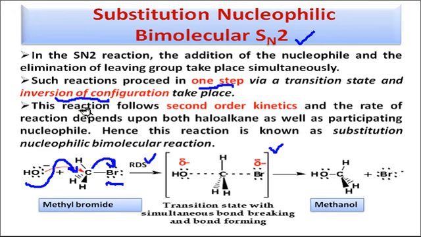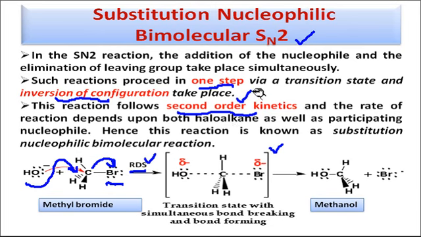So this reaction follows second order kinetics. Why is it second order kinetics? Because in the rate determining step, both the nucleophile as well as the substrate molecule take part. So haloalkanes as well as the nucleophile, both molecules take part in the rate determining step. That is why these are second order reactions.